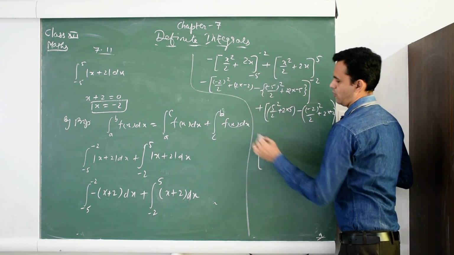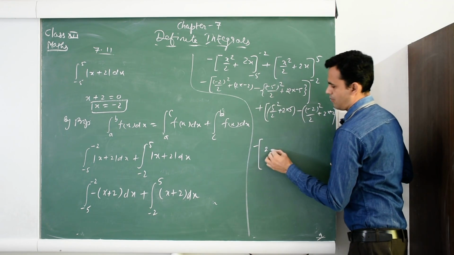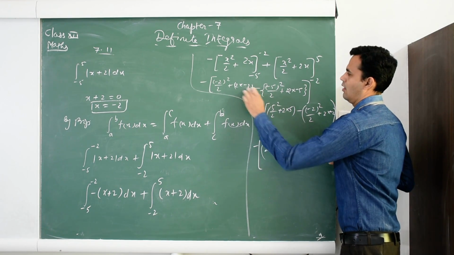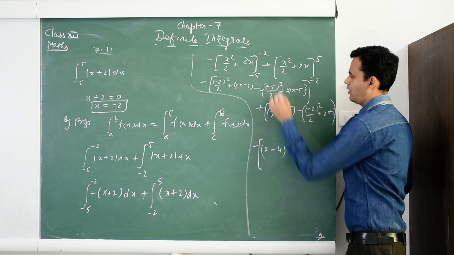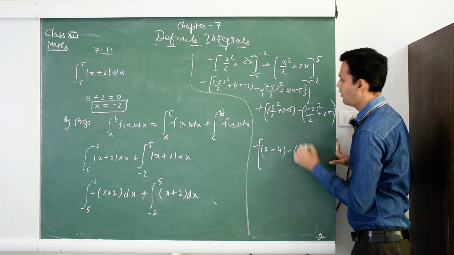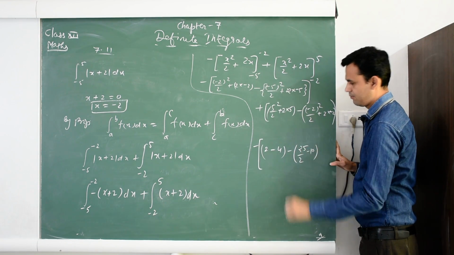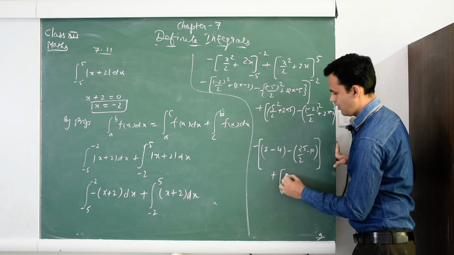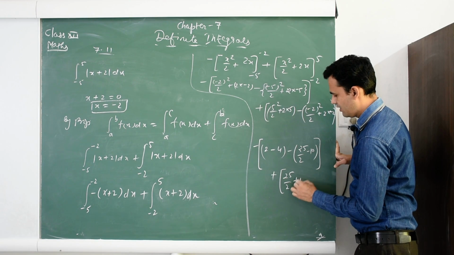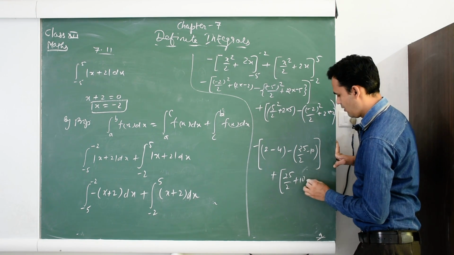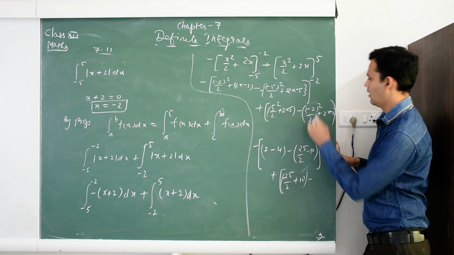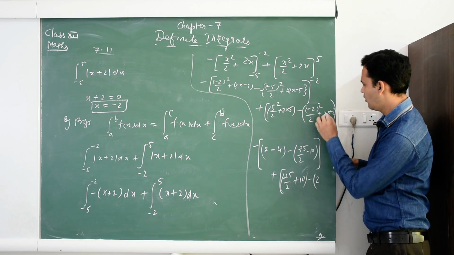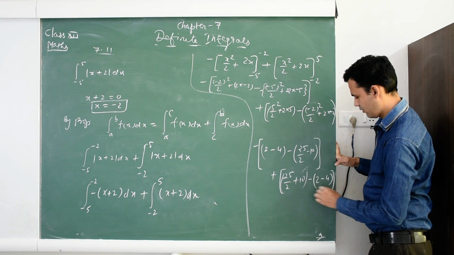We get 4 by 2, which means 2 minus 4, minus 25 by 2 minus 10, plus 25 by 2 plus 10, minus 4 by 2 means 2 minus 4.